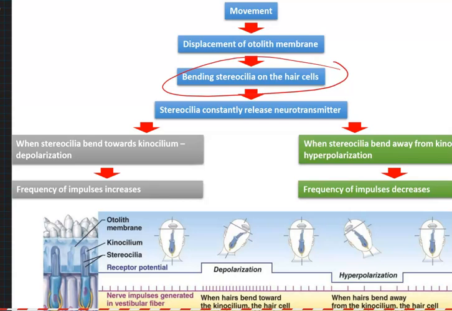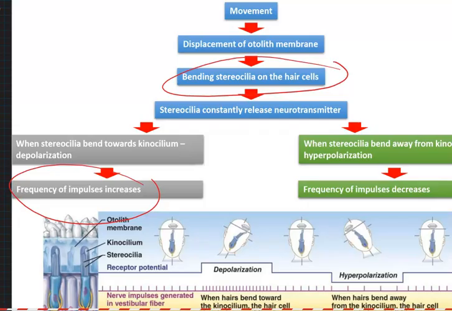Am I making sense? Now, basically, the idea is this. If you move into one direction, the hair cells will depolarize because the channels will open, and the increased frequency of impulses to the brain will be interpreted as, for example, moving forward.